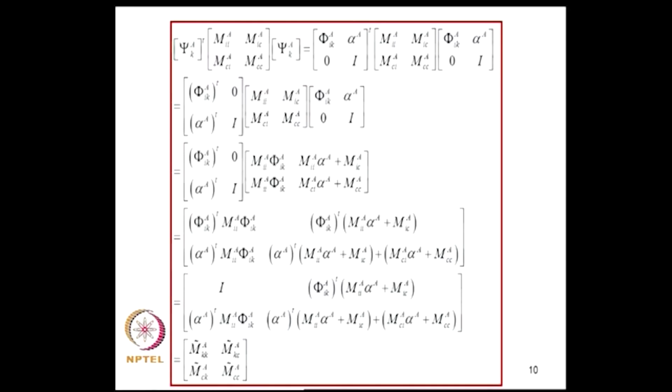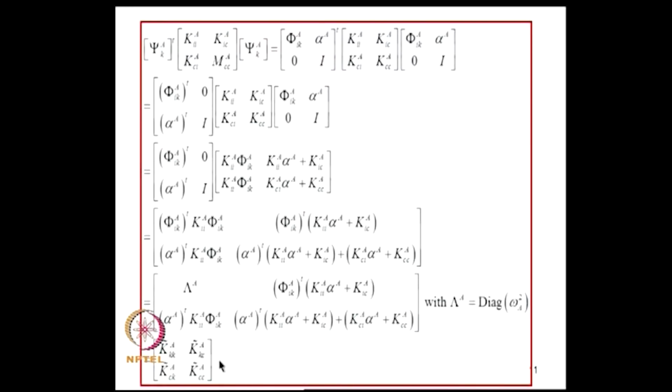Similarly, this is the mass matrix. If we multiply all this and work through this, I get the elements of the mass matrix for subsystem A in this form.